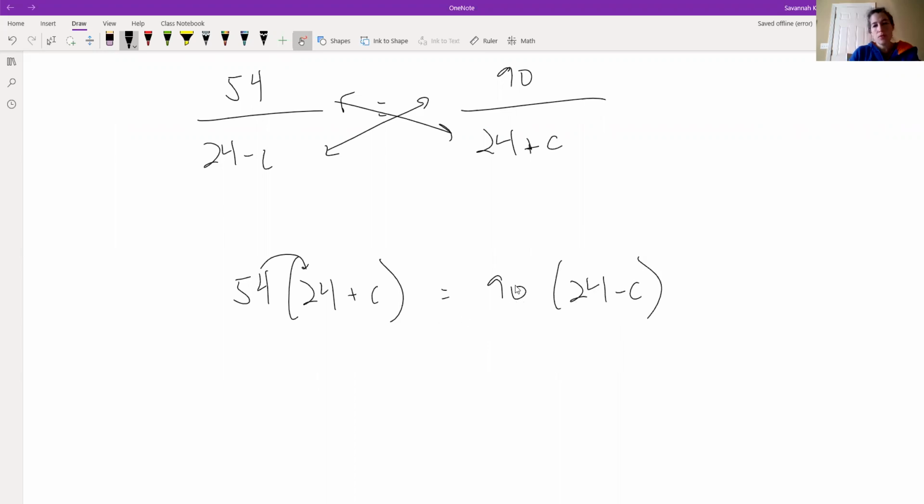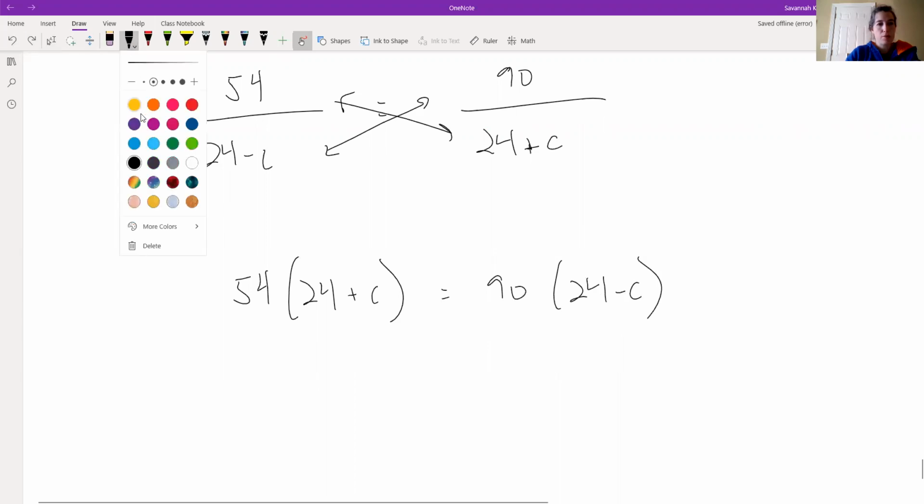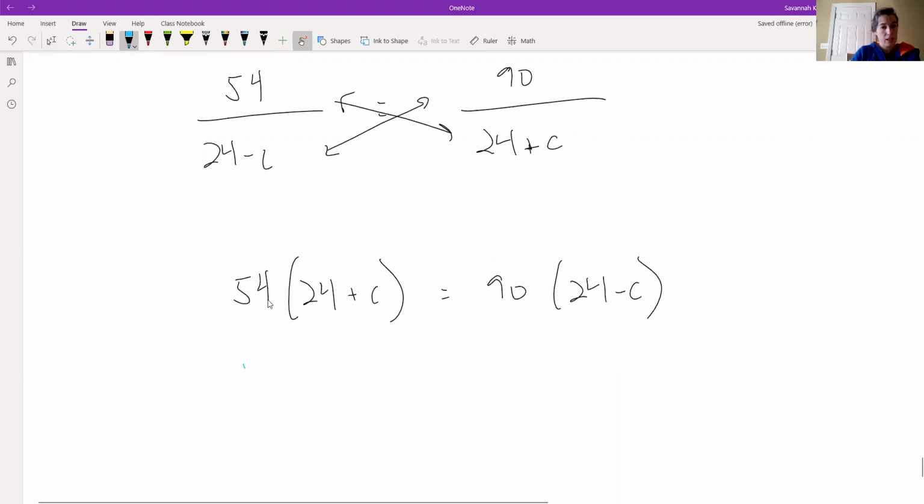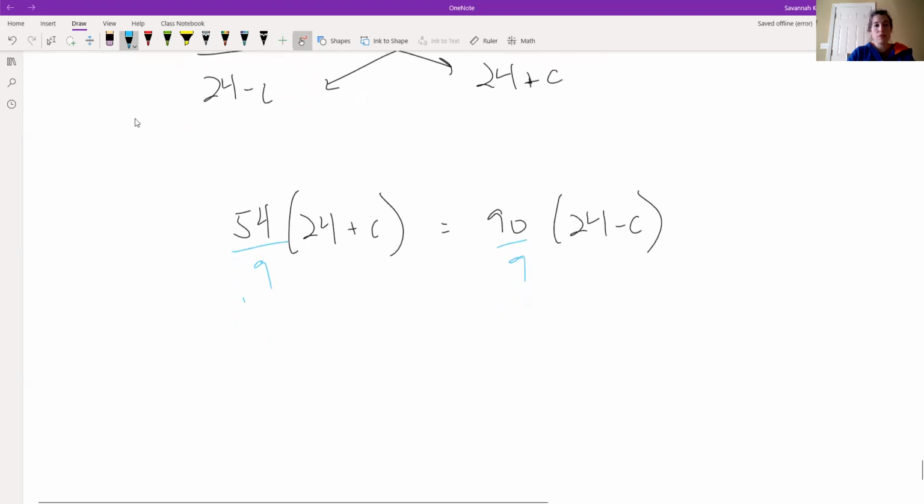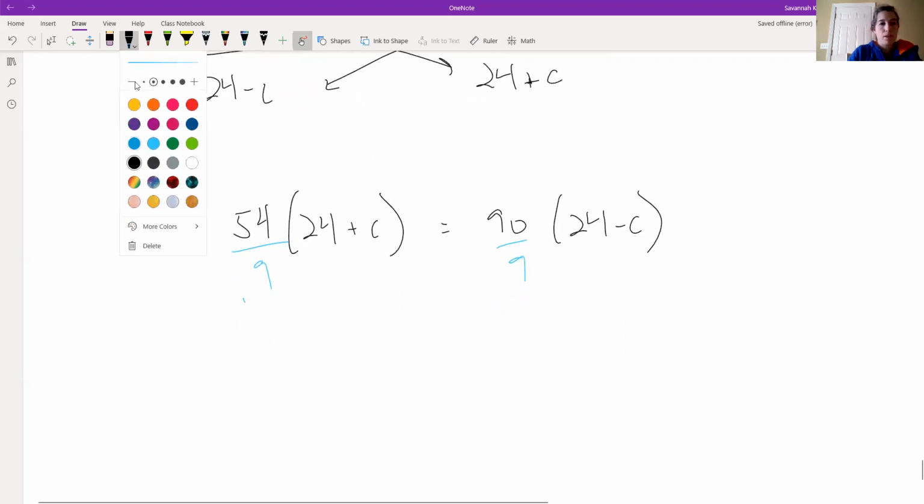Now, I can jump right into multiplying this out, but because this is a word problem, I want to take advantage of as many tricks as possible. Let me see, can I isolate here? I think these are both divisible by 9.